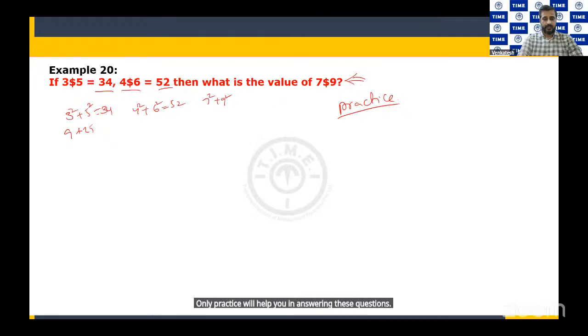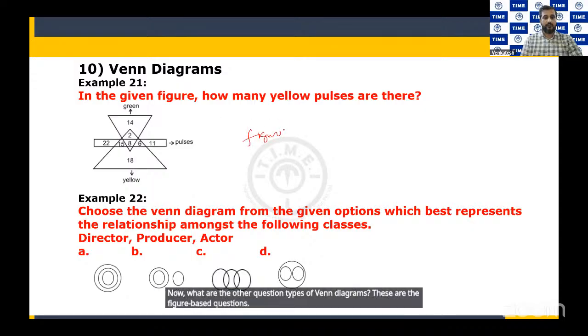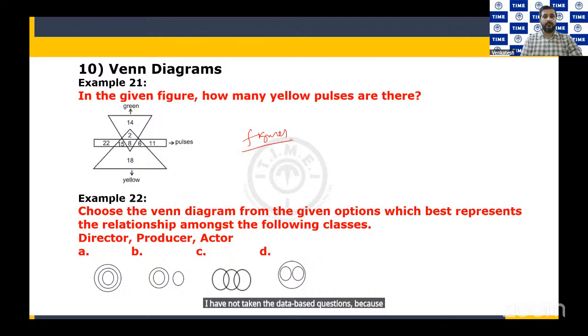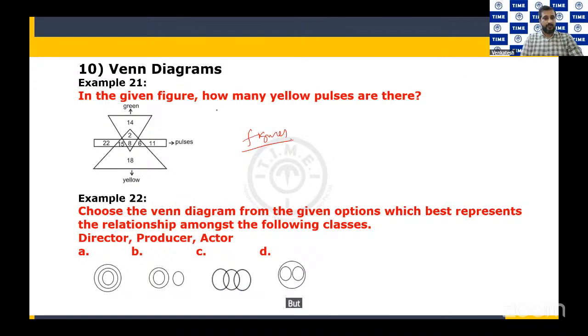Fine. Now, what are the other question types? Venn diagrams. These are the figure-based questions. I have not taken the data-based questions because in data-based questions, there won't be any shortcut techniques. But here, I have taken the diagram-based ones to discuss the smart approaches. How many yellow pulses are there? We have a triangle, a rectangle and one more triangle.